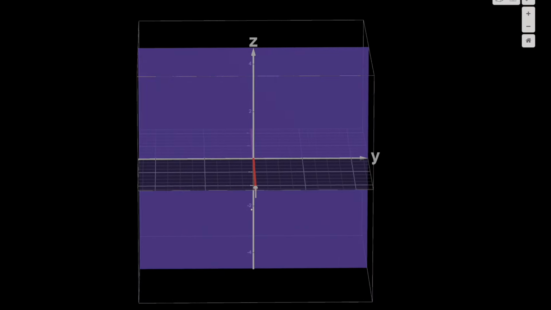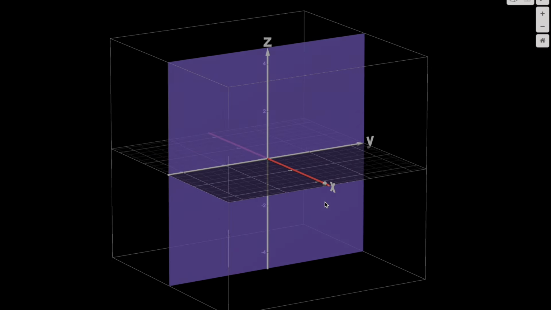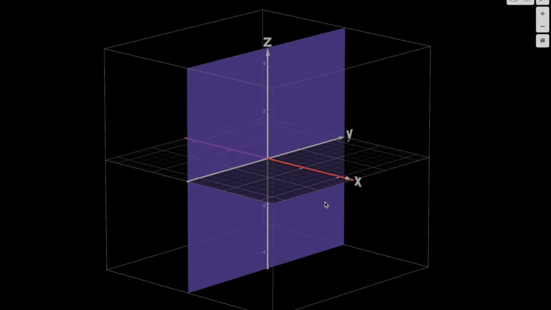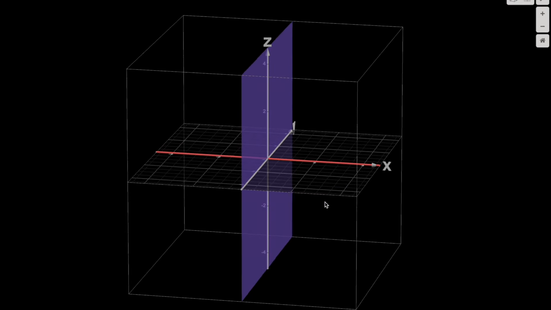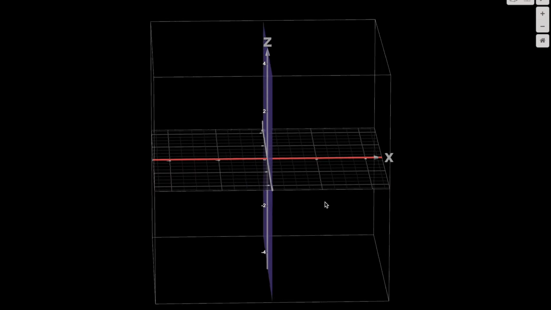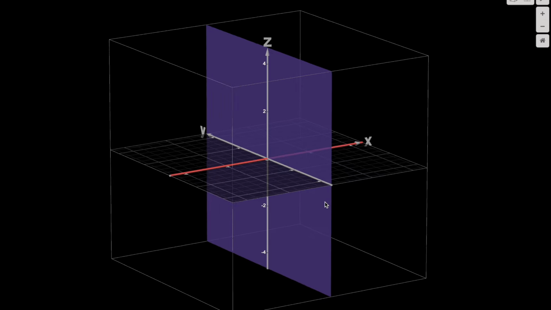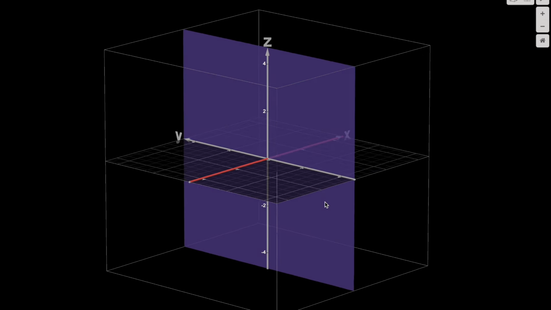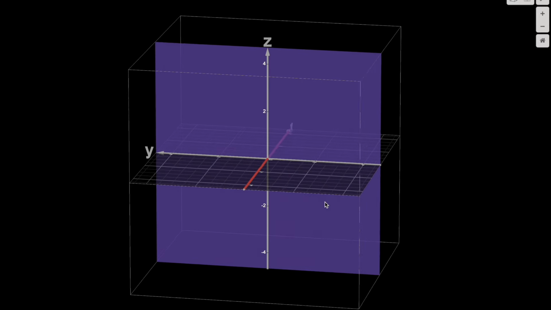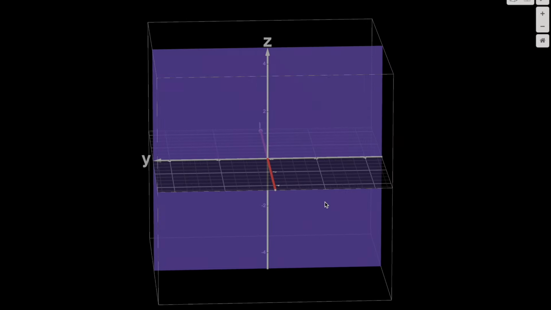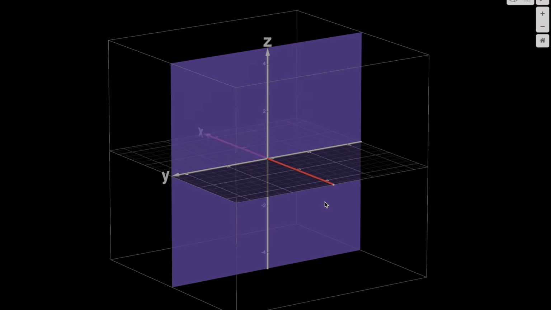So you can say that the column space and left null space combinedly span or fill the entire vector space R3, right? Because if you take one vector from the column space and one vector in the left null space and take a linear combination of them, you will get any vector in this entire R3, any vector in this entire XYZ volume.